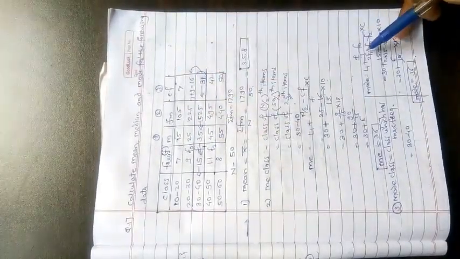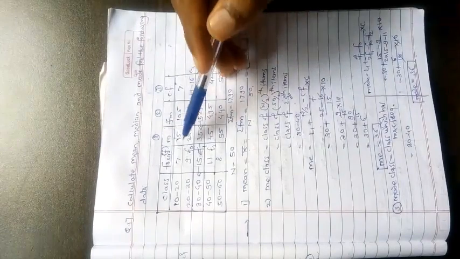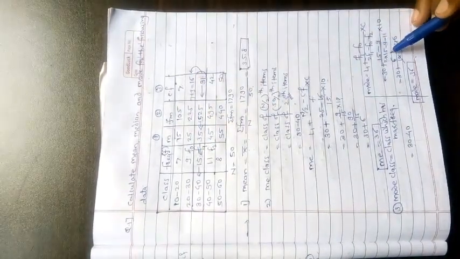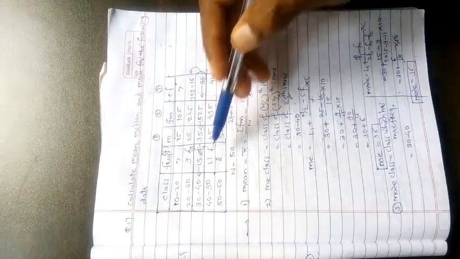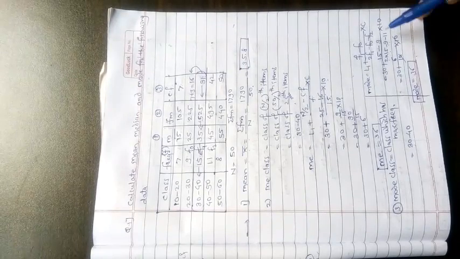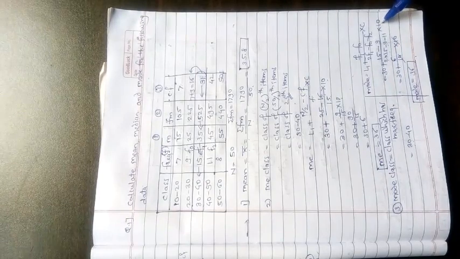Okay, f1, keep the value 15, minus f0, that is 9, divided by 2 f1, that is 2 into 15, minus f0, that is 9, minus f2, that is 11, into the class interval, the difference between 30 to 40, that is 10.